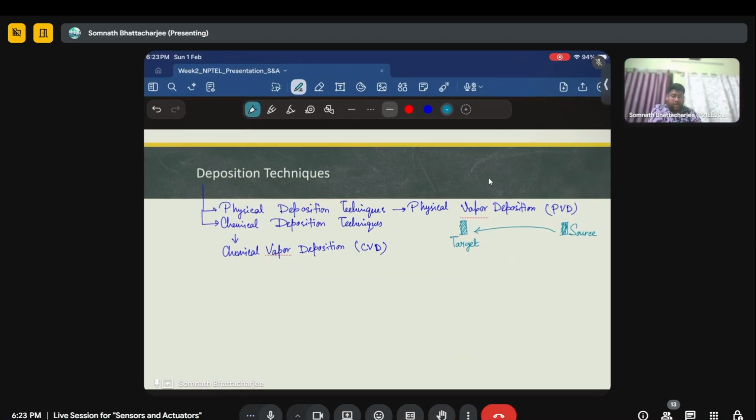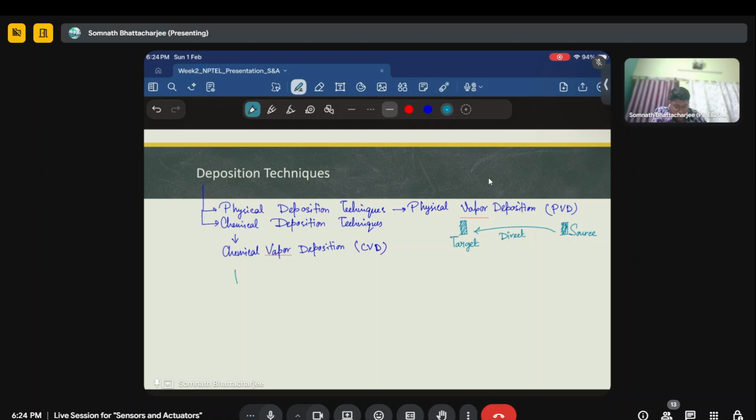So if you want to directly deposit a source material onto a target material, you will need a physical vapor deposition technique. It will be directly transferred, or directly deposited, onto that target material. Now, if you want to deposit a material through chemical reactions, this is the direct way.